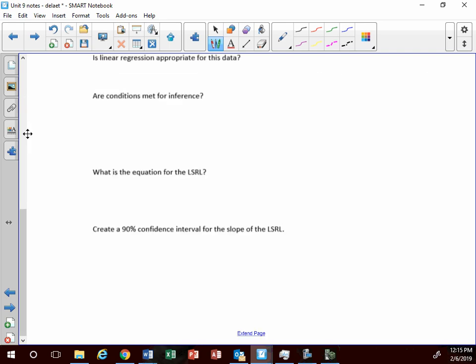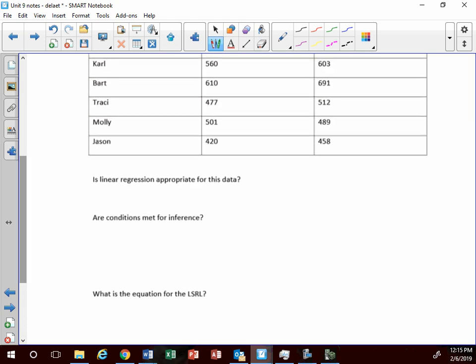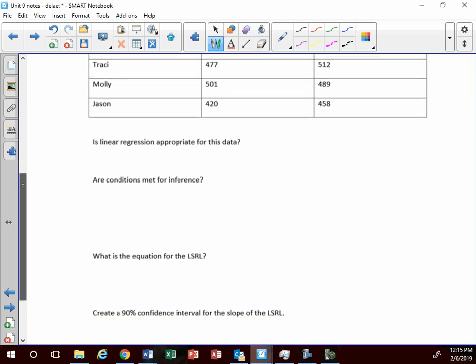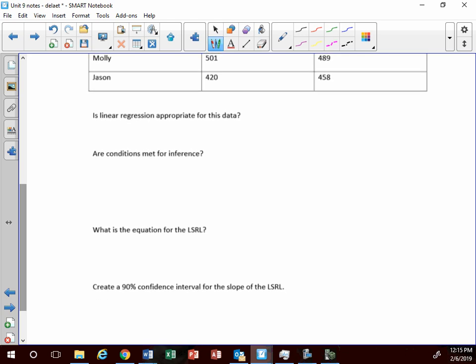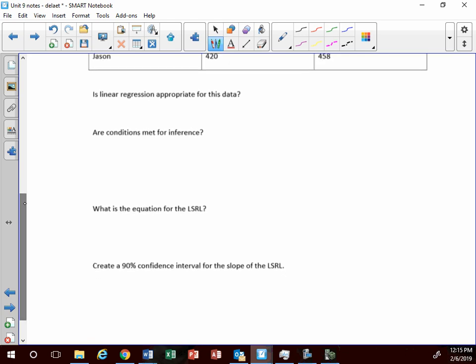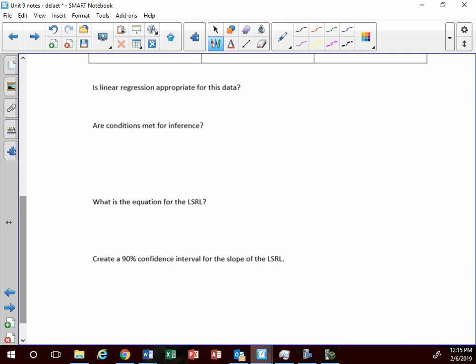We want to know, is linear regression appropriate for this data set? Step 1 is looking at the scatter plot to see, does it follow a linear shape or is it some sort of weird curved pattern? I would say yes, the scatter plot appears fairly linear. That's what you're looking for there.